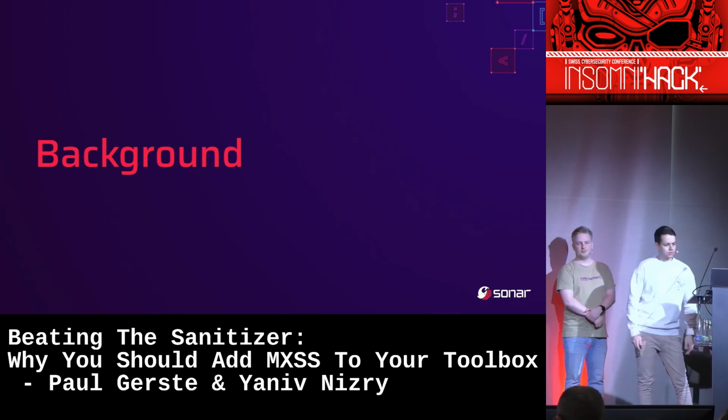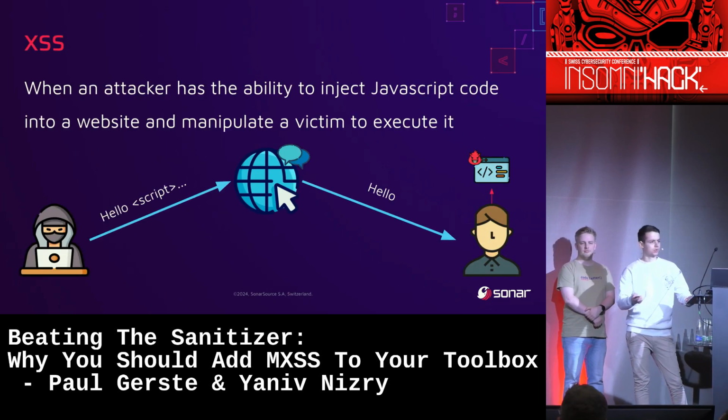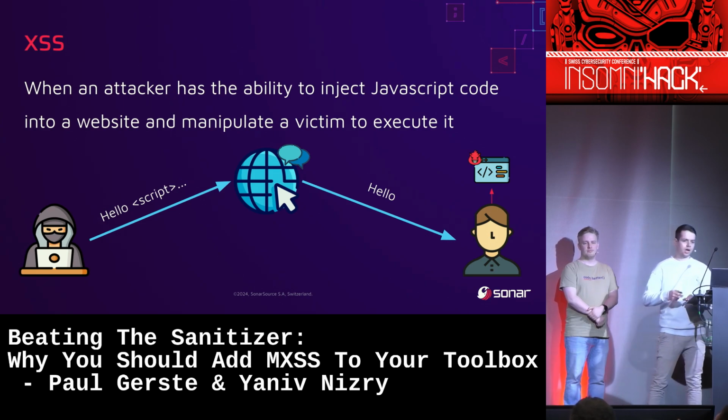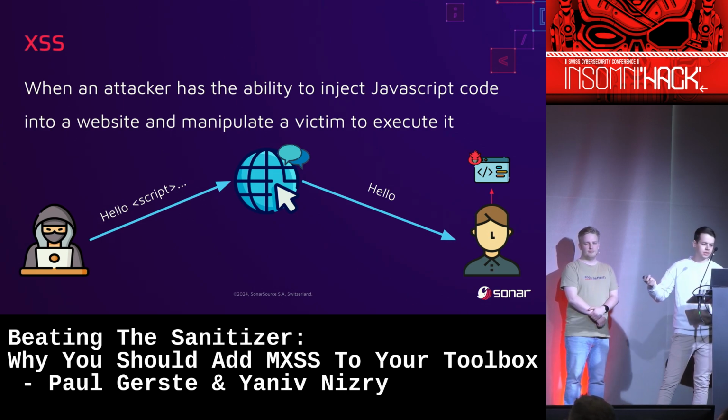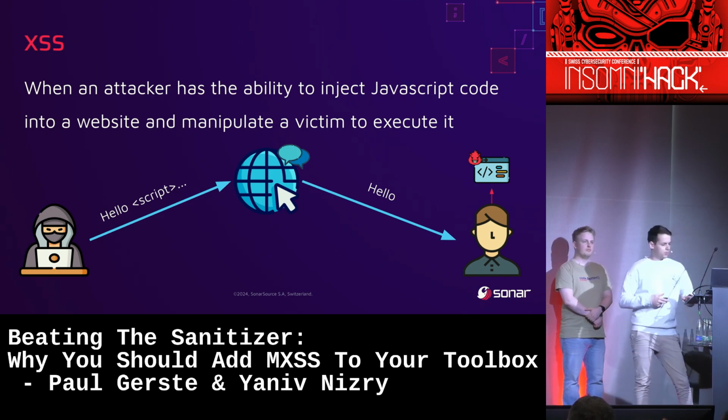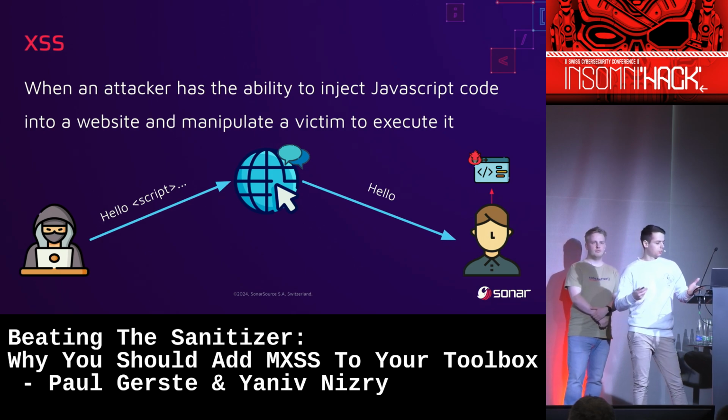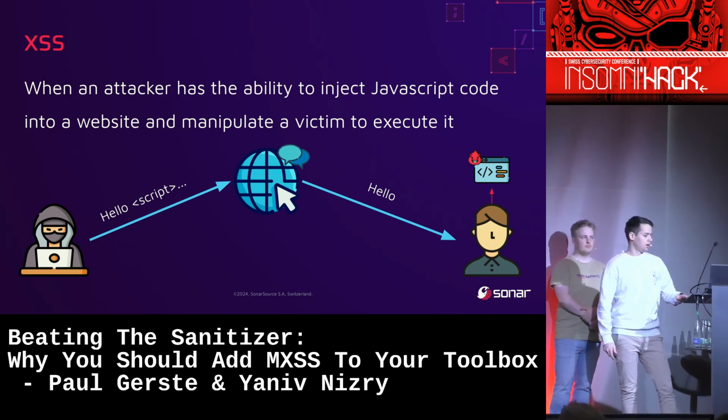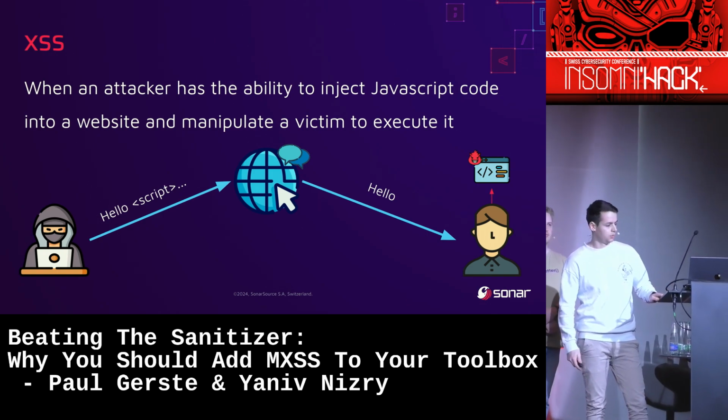Starting with the background, I'm pretty sure most of you, if not all of you here, are aware of the XSS bug class. But either way, let's have a small recap. XSS is when an attacker has the ability to inject arbitrary JavaScript code into a vulnerable website. Thus, when a victim visits that website, they will execute this JavaScript code.